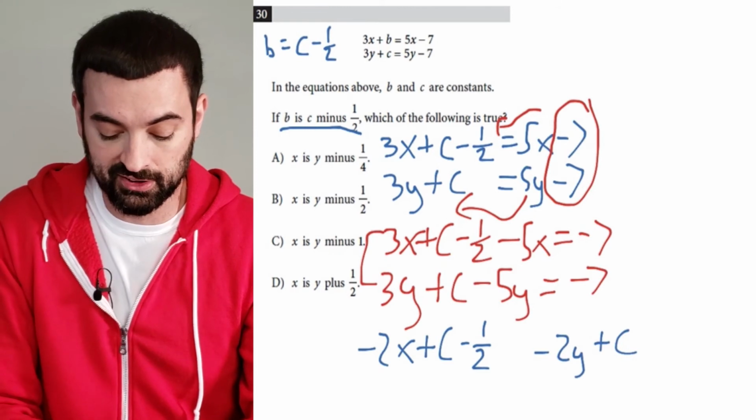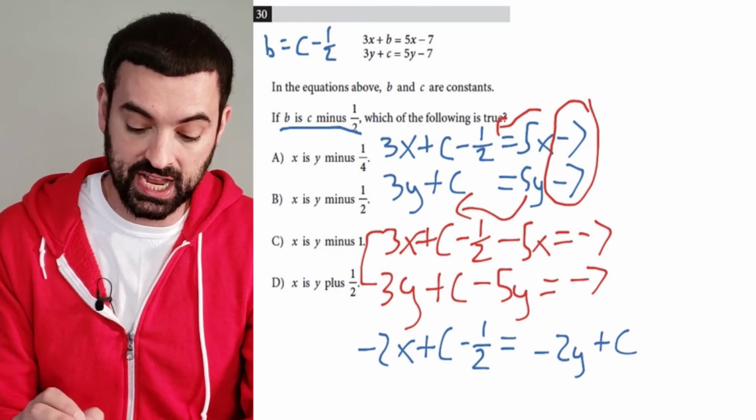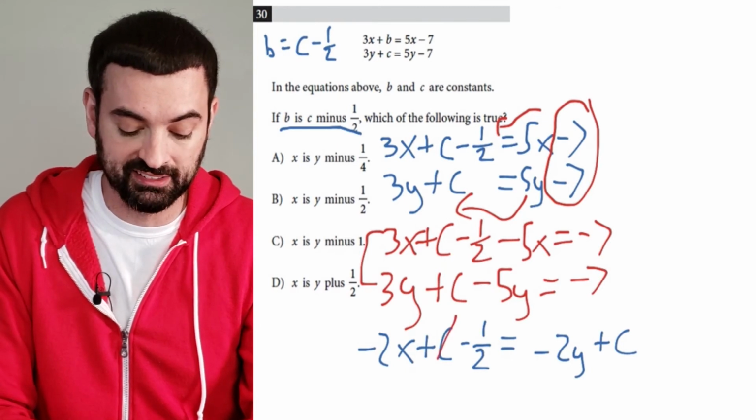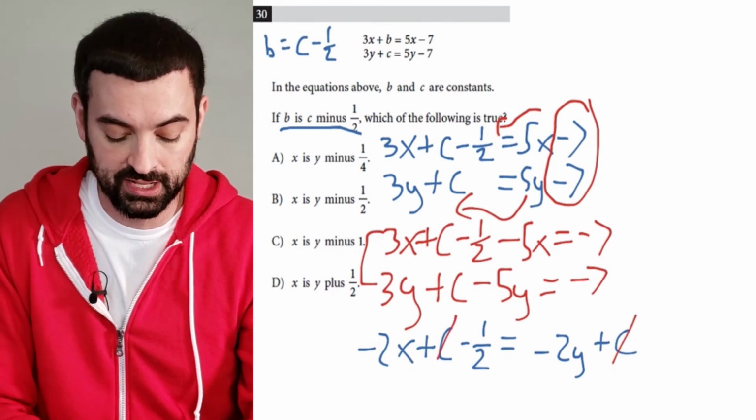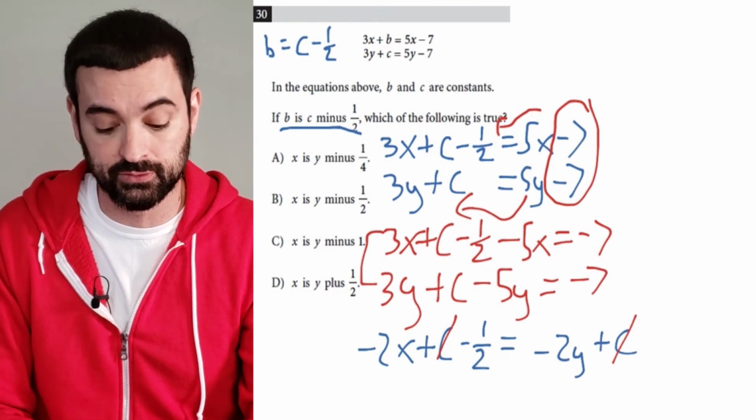And remember, these are equal to each other. They each have a positive c. I'm going to subtract c from both sides and cancel. Now I've got -2x minus 1/2 equals -2y.